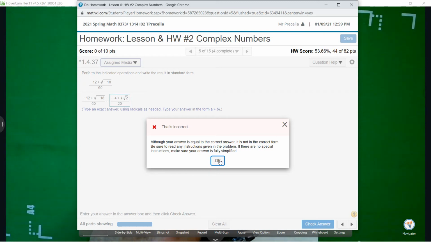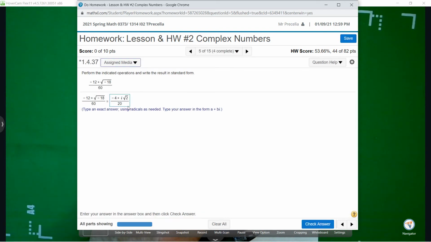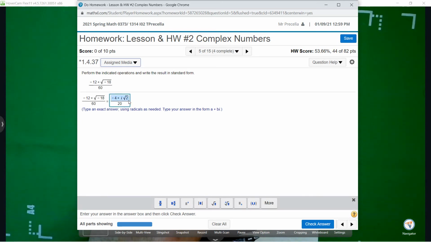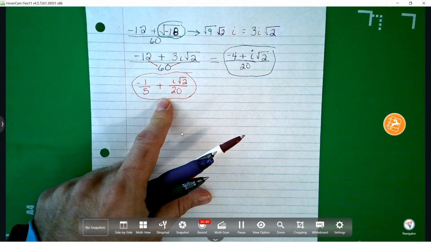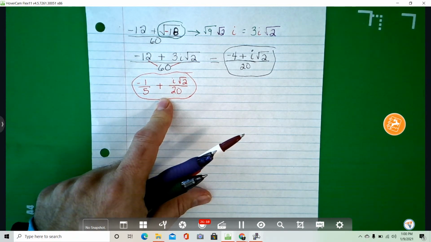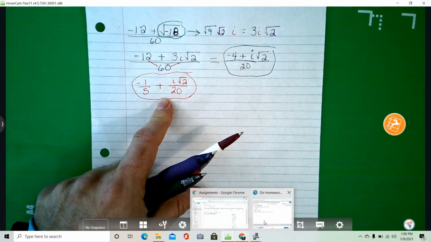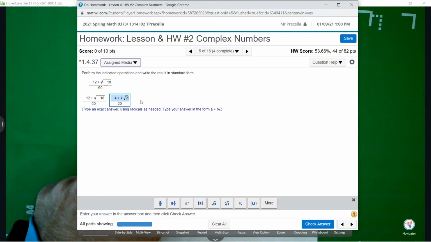Oh, they don't want me to put it in this form. We'll be writing it like this later on in another homework assignment, but what they want me to do is punch it in another way. Okay, well, that's a good illustration, it gives you an example of what happens.